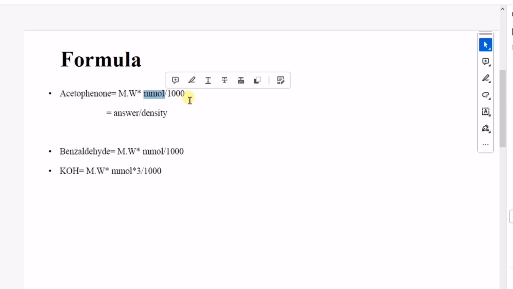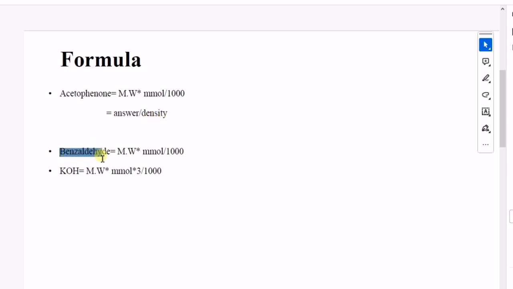After this the answer is in the form of grams. As my reactant is in liquid state, what next to do is divide that answer by the density. When we divide this by density, our calculated amount is in the form of ml, and I will use this amount.